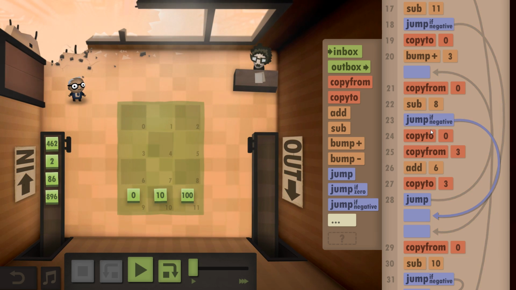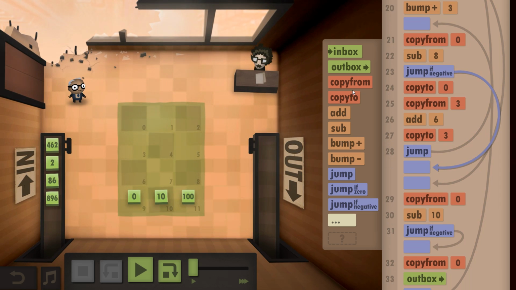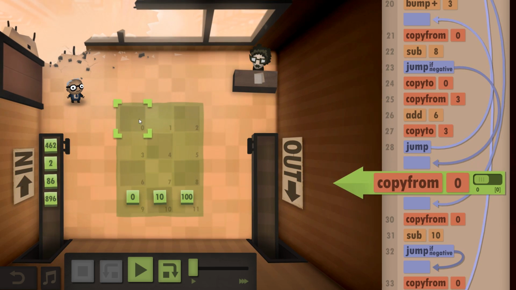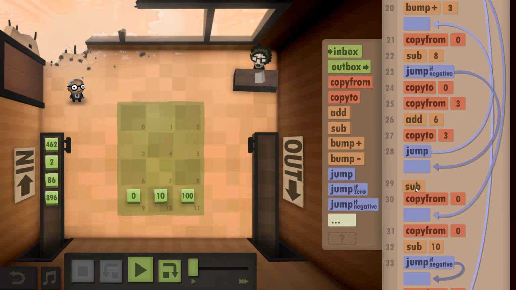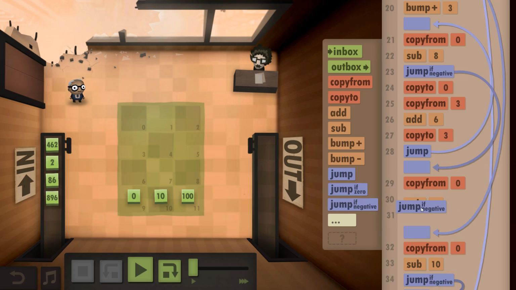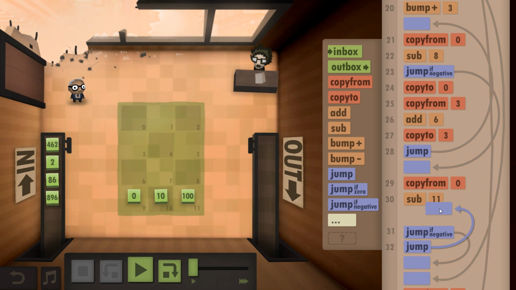And if it's negative, then I need to do 100 steps. Then I do copy from 0, sub 100. If it's negative, I'm done. If not, keep doing it.